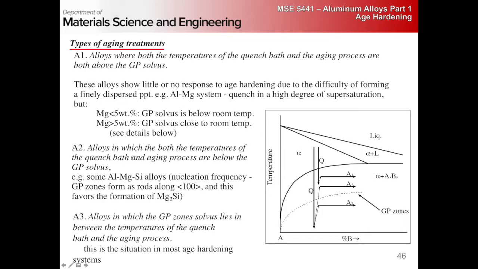So then the second major heat treatment is alloys that are quenched to below the GP solvus and then aged below the GP solvus. So this is aluminum magnesium silicon alloys, the 6000 series alloys that are very important.